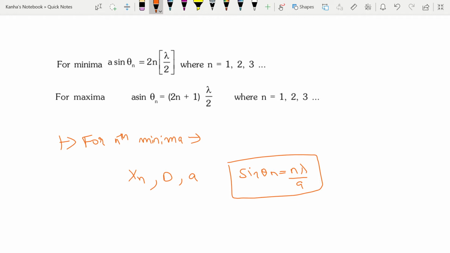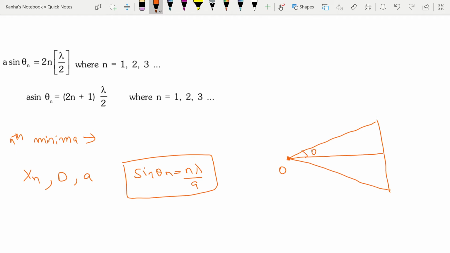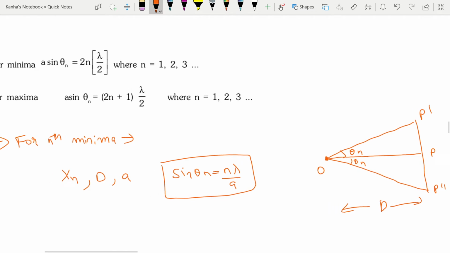And if you just consider, let's say this is your point O, this is your screen in front of you at a distance d, this is theta n, this is P prime, this is P double prime, this is some point P at a distance of d.